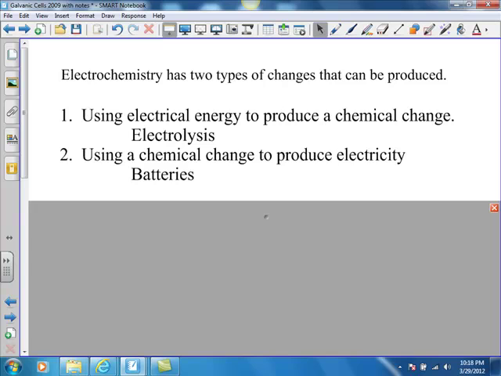And that's what you're probably familiar with in terms of batteries, because that's what a battery does. In a battery, you are getting electricity from a chemical reaction that's occurring on the inside of a battery. Now, we're going to start with this one. We will look at electrolysis later, but we're going to look at this whole idea of batteries and making those first.